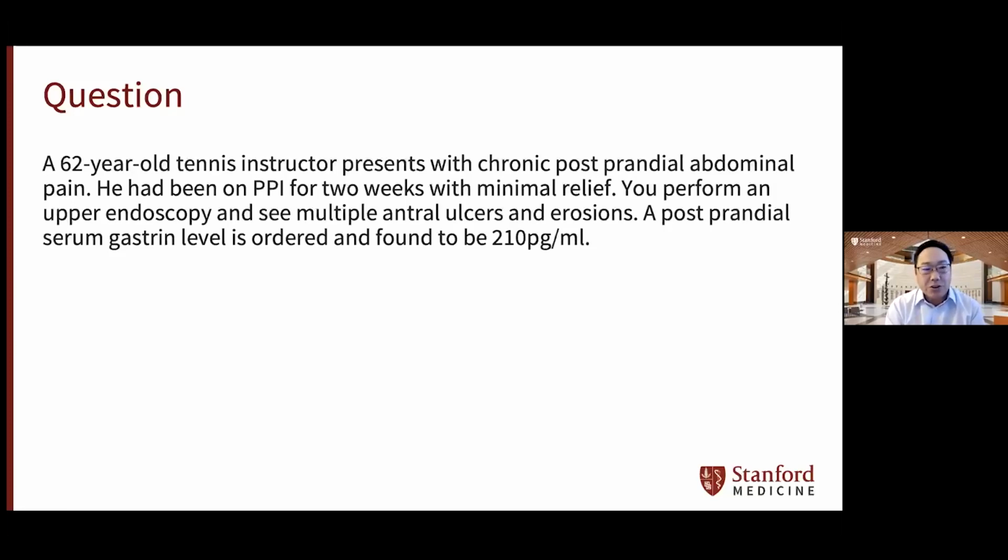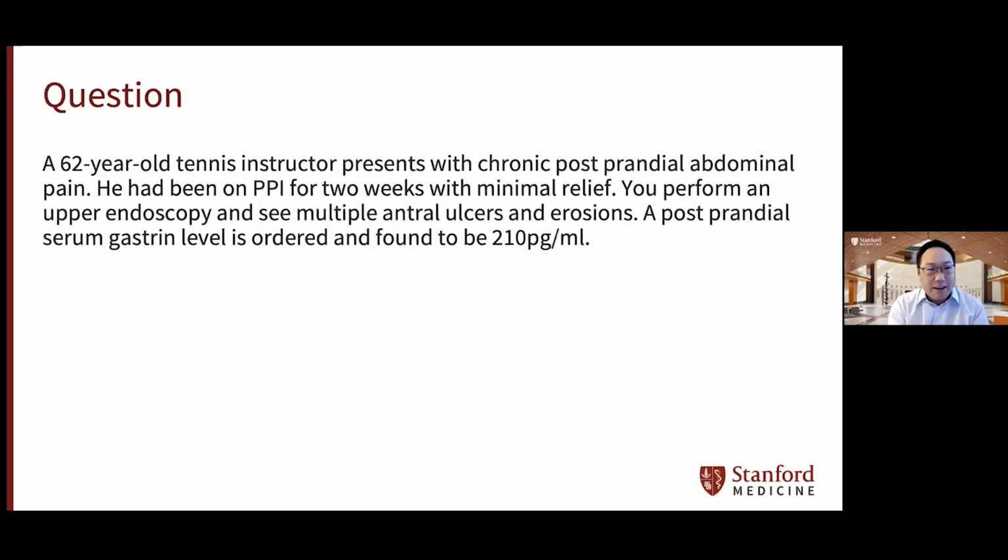If it's a gastrinoma, one would have a gastrin level well over 1,000. So you can rule out the CT scan answer, which is to look for a gastrinoma. So you can exclude that. The one that might be a little bit confusing, because they're having you chase the gastrin level, would be to stop the PPI and recheck a gastrin level.